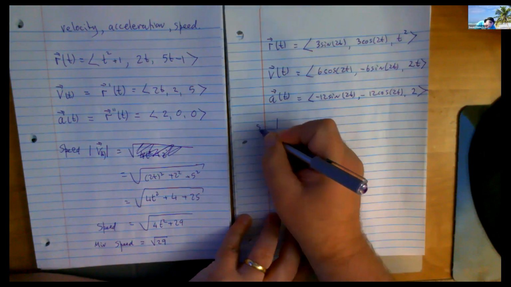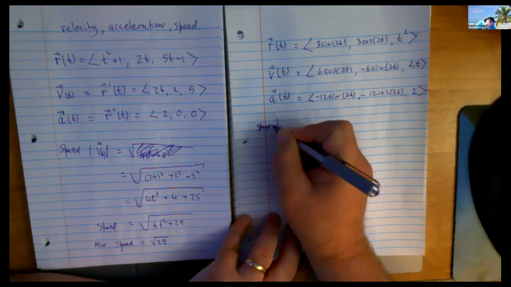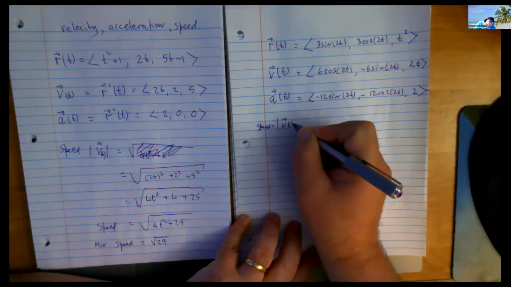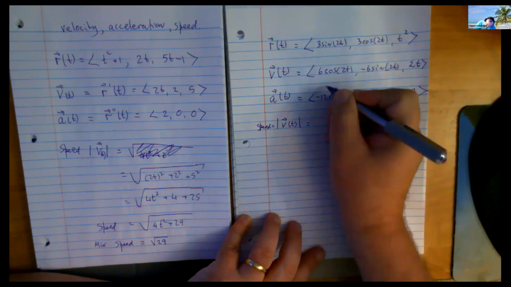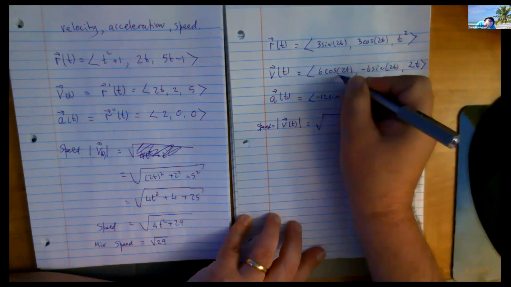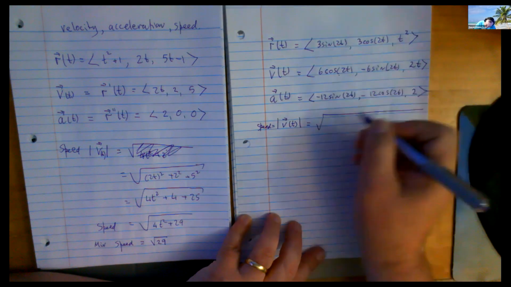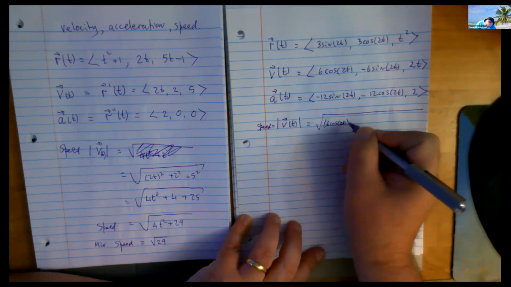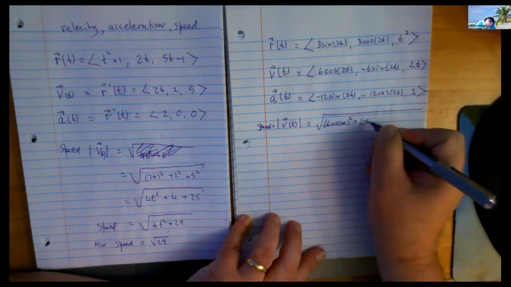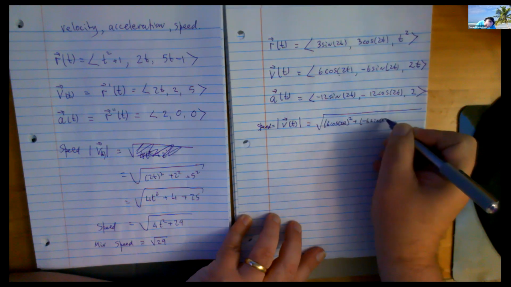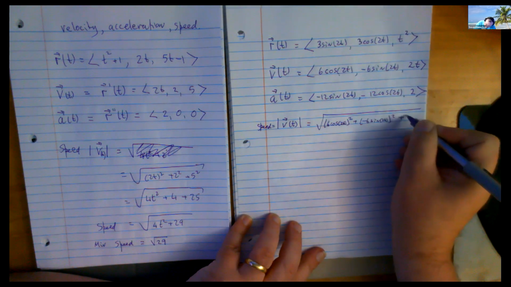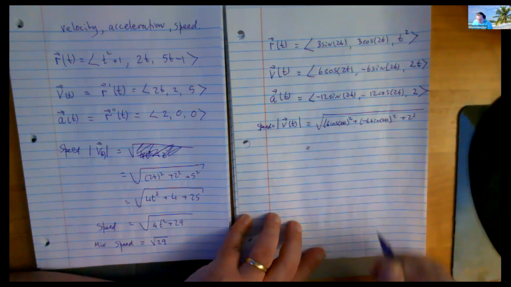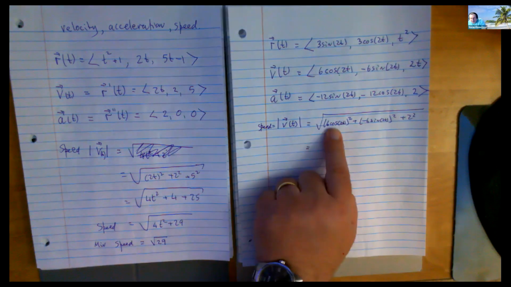You want speed, then you get the magnitude of your velocity vector. So it's going to be the square root of this guy squared, and that guy squared. So we've got this fella squared, we've got this fella squared, and we get 2 squared. Okay, I'm going to skip some lines here. Won't that get you 36 cos squared 2t?